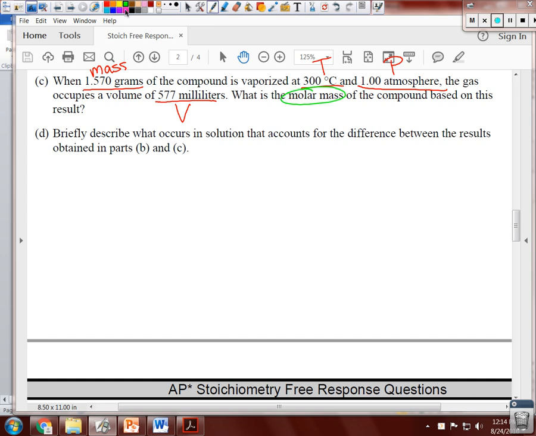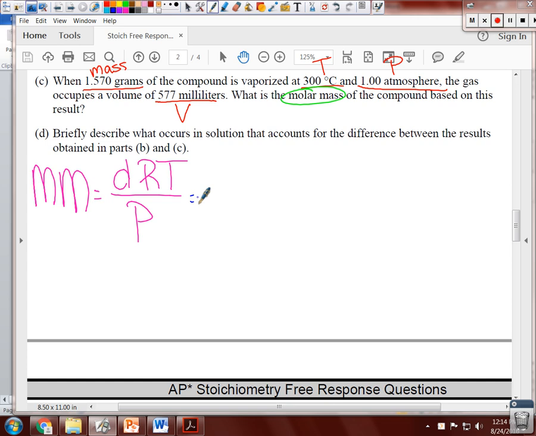Now, I know this is going to sound weird, and this is the formula that they teach you. Molar mass equals density times R times T all over P. Well, the problem with this question and this formula, do the units match that formula? No, but can you unrearrange it to get it to what you want?